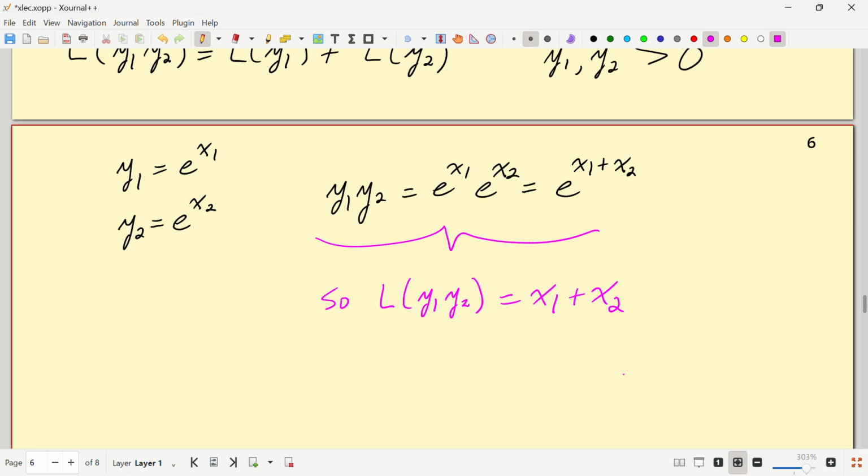It's the inverse of y1 there. And x2 is the log of y2. Check.